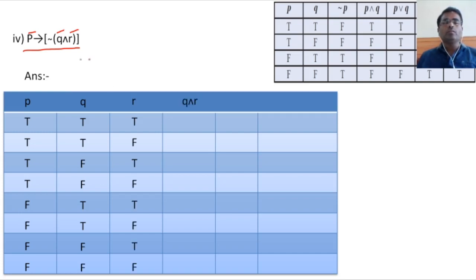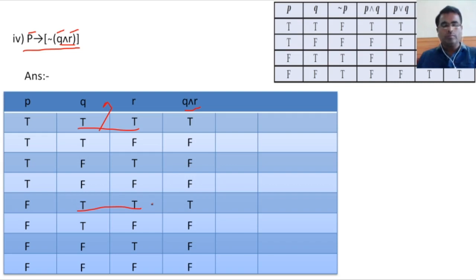Then we need first to find Q and R. To find Q and R, we have to consider AND between these two. So it is clear that true, true gives true, for all others false. Again true, true is here, so you are getting true, again others giving false.